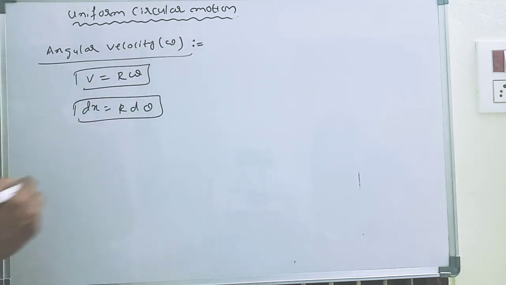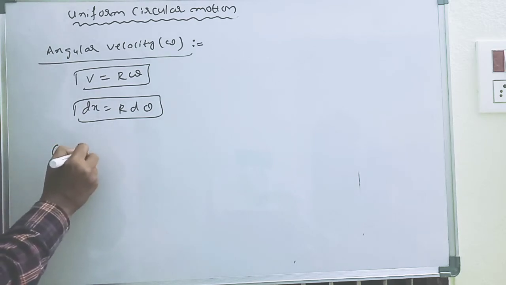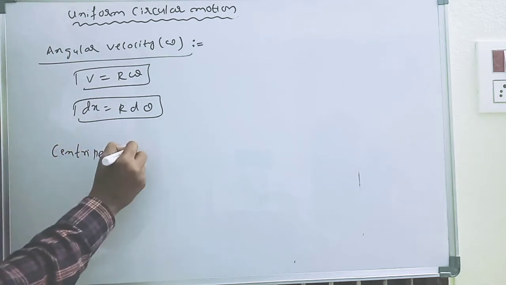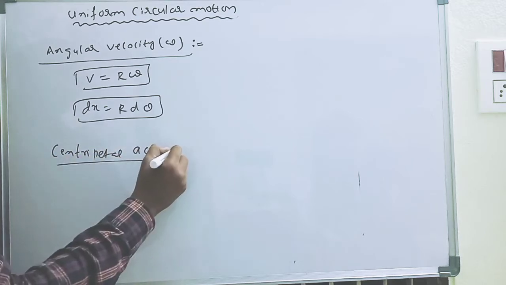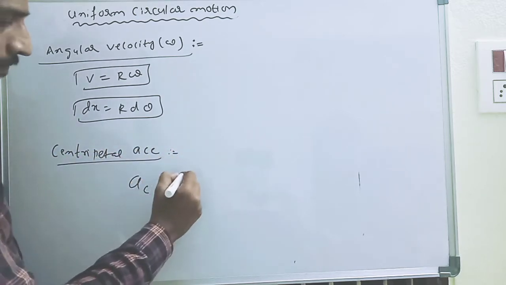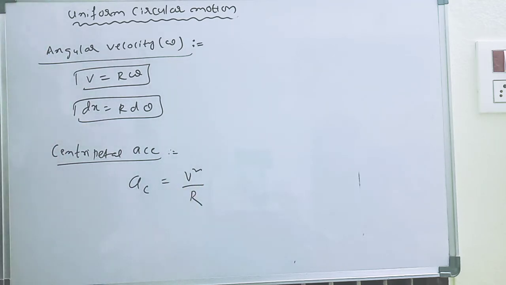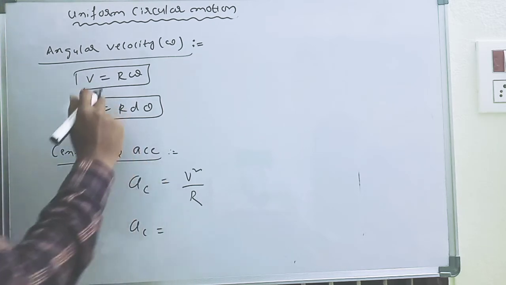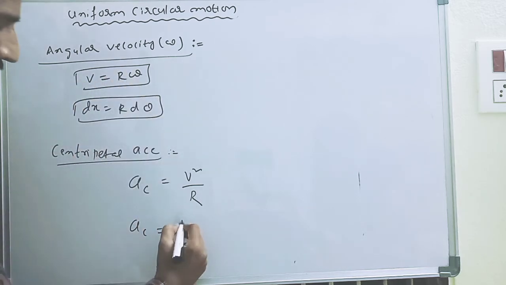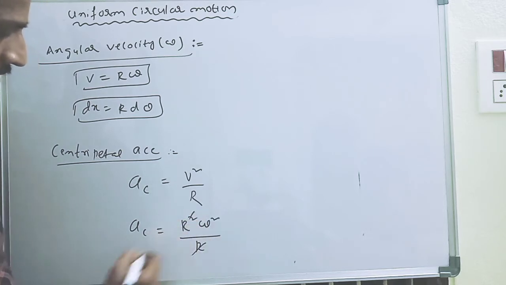So now we go with centripetal acceleration. What is the formula of centripetal acceleration? A is equal to v square by r. So what is v here? V is equal to r omega. Therefore, r square omega square divided by r, r gets cancelled.